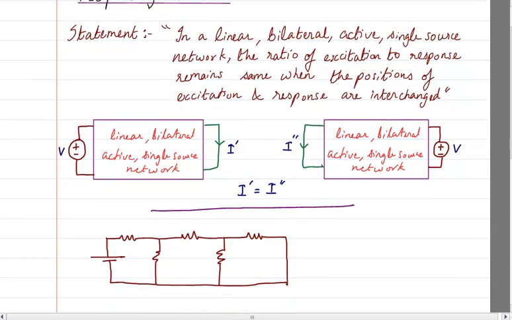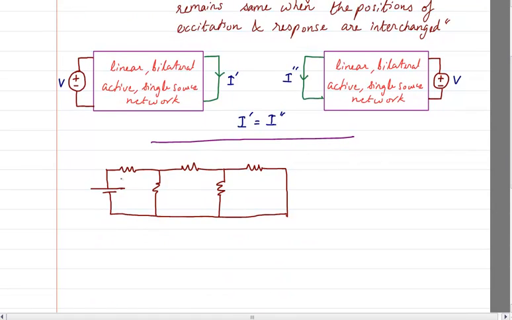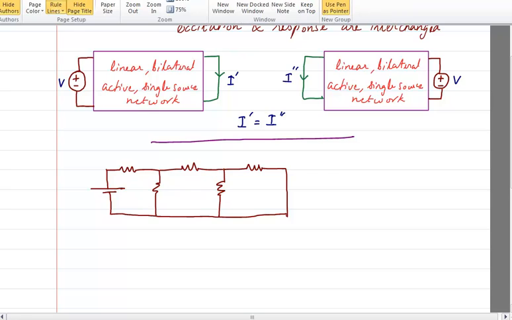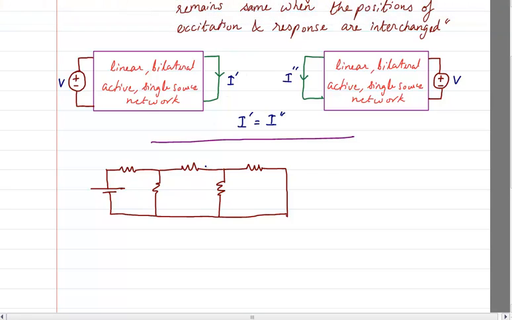I've just drawn a circuit here and not put the values. Suppose I find out the current because of this voltage, then let that current be some I2.